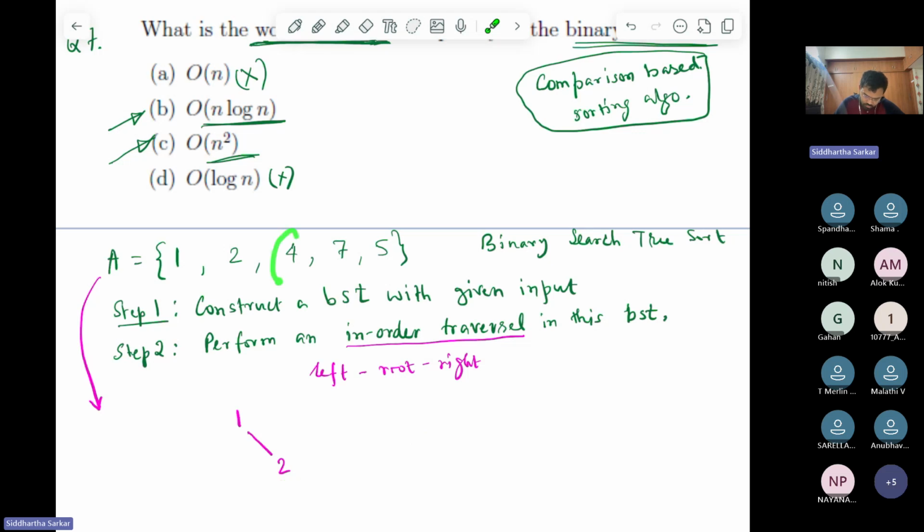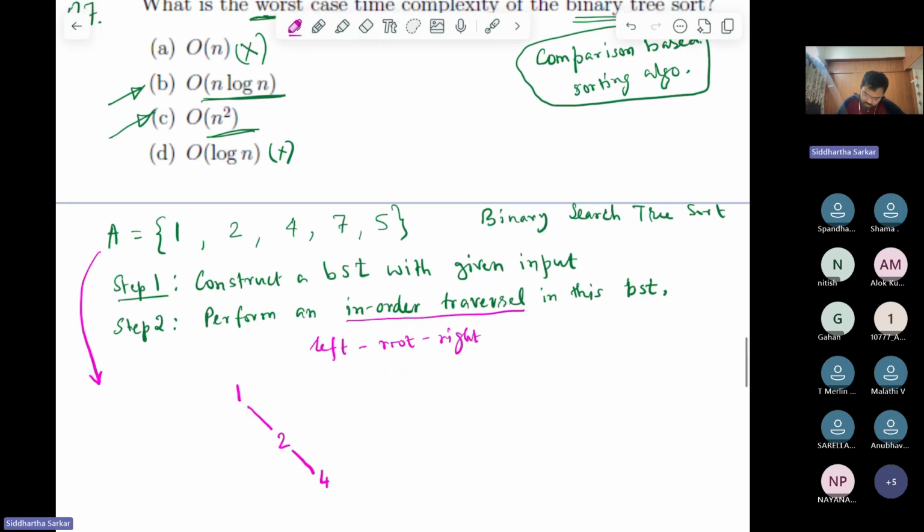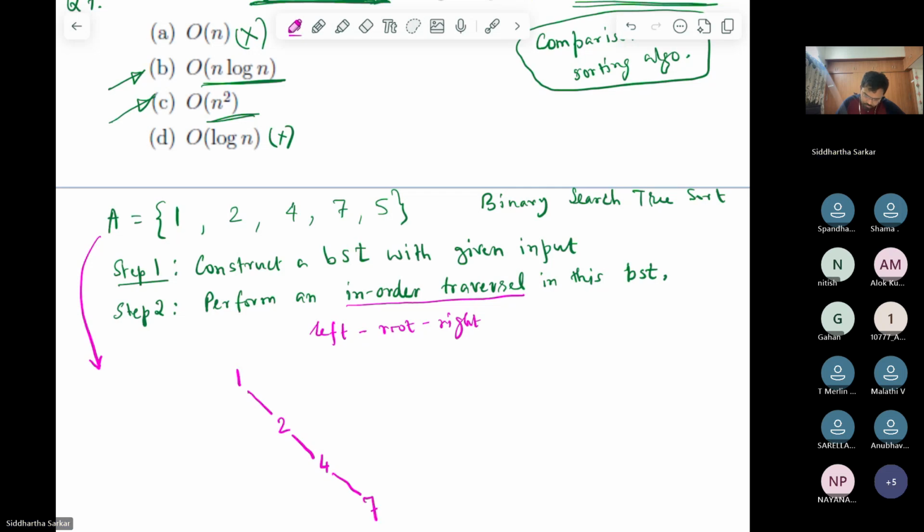So the next we will see four. So we will see, okay, four is more than one, we go to two. So four will go to the right of two. Then we get seven, seven will go to the right of four. Then we get five.